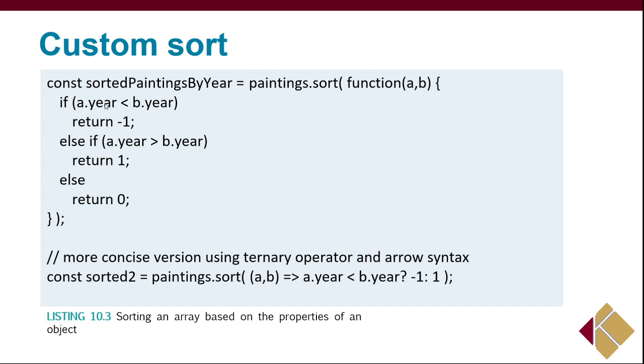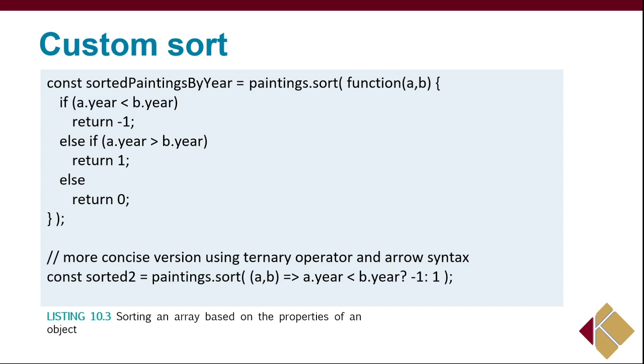So if A year, so your first item's year, is less than the B item's year, return -1. And then if it is bigger, return a 1, and then else return 0, right?